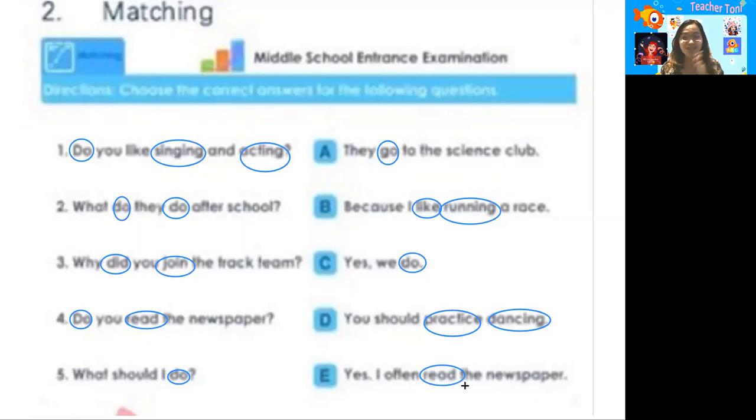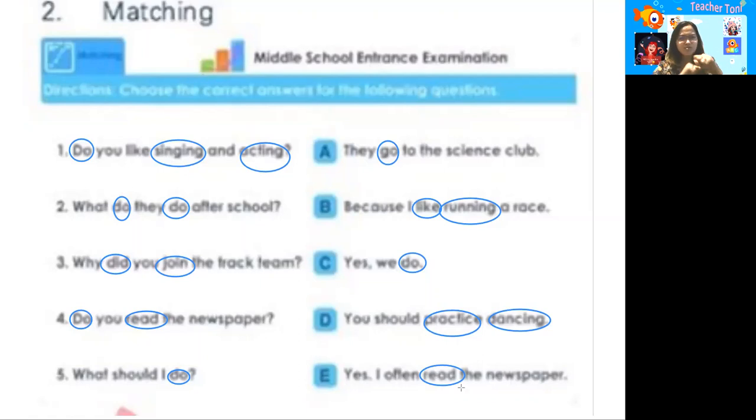As you can see on the left side, there are 5 questions and we are going to match it with the correct answer on the right side. Wonderful. Okay, but before that, since our topic is about verbs, I want to see if these words that you have encircled are verbs.